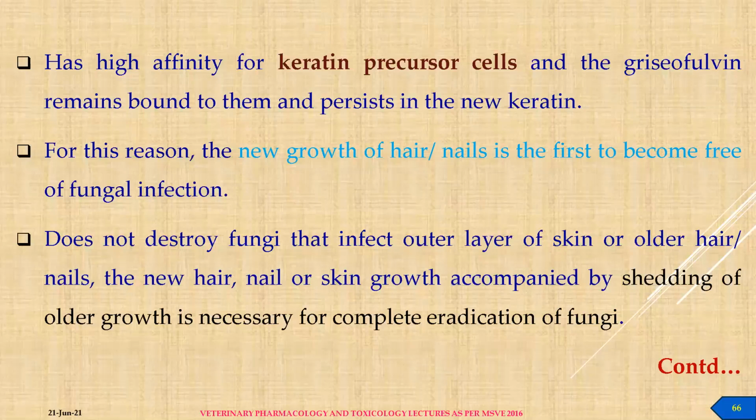And it does not destroy fungi that infect the outer layer of the skin or older hair and nails. The new hair, nail, or skin growth, accompanied by the shedding of the old growth, is necessary for complete eradication of the fungi. That means if there is a nail infection from the fungi, there will be shedding of that particular nail and sometimes the hair and skin, and it requires complete eradication.